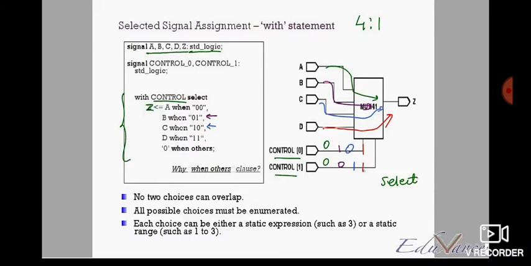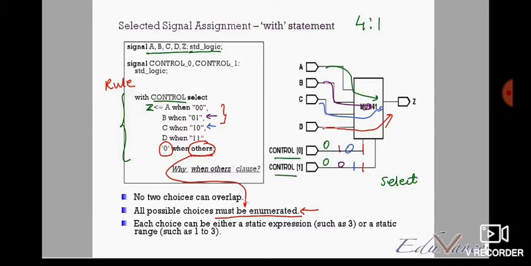Now the rule, which you must follow, is you have to give a default condition, which is when others, because all possible choices you must specify. So if you know only two choices, then the when others clause takes care of this, that all choices must be specified.